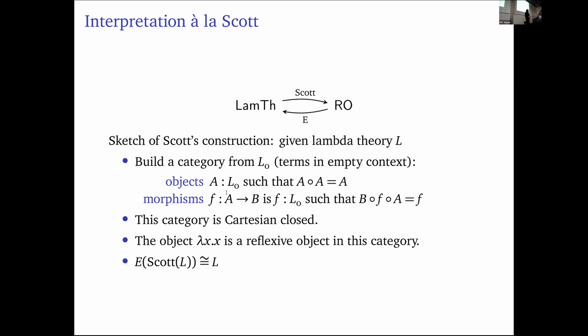And then to find a reflexive object in this category, Scott chooses the identity, lambda x dot x, this lambda term. And then he shows that starting with a lambda theory L, if we apply this construction and take the endomorphism theory of this resulting reflexive object, we get something that is equivalent or isomorphic to the lambda theory that we started out with.